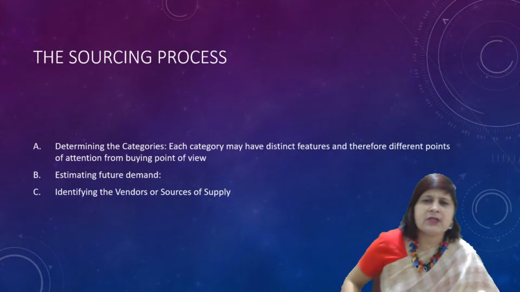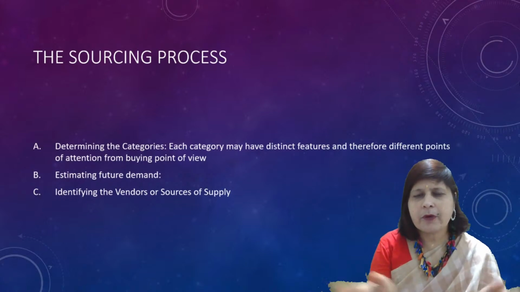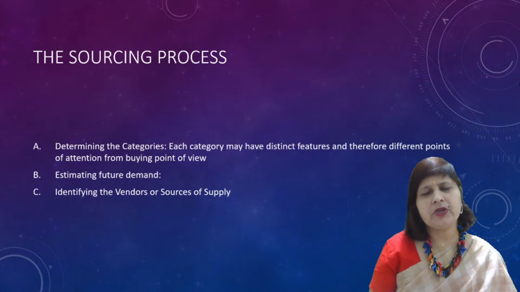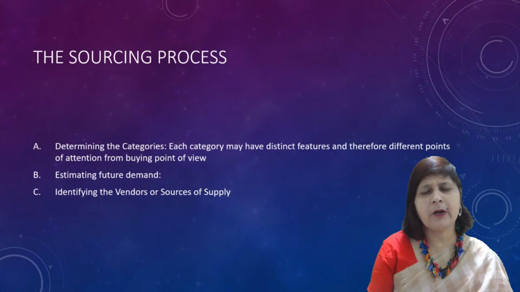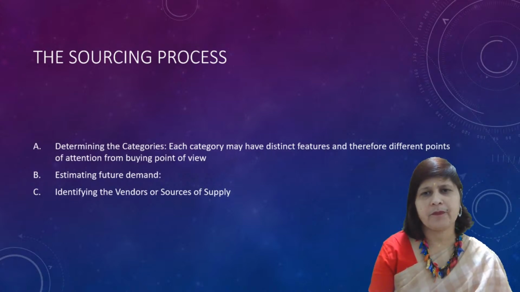First is determining the categories. Divide your products into the categories, and each category has different features. If you will not divide the product into categories, it will become difficult for you to source that product. Then estimate the future demand of each and every product.